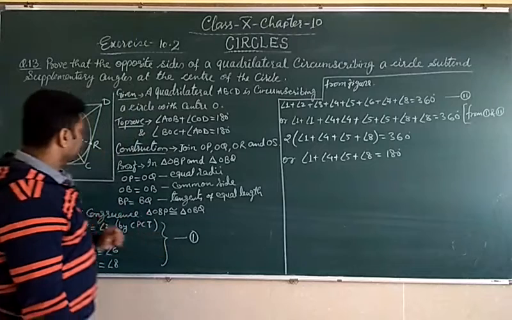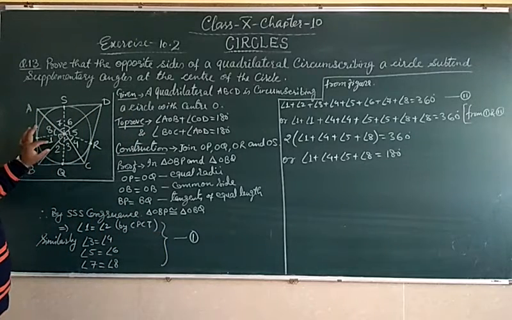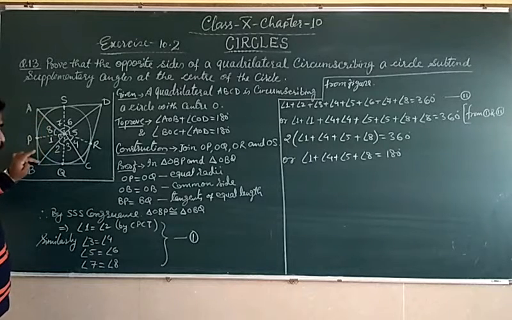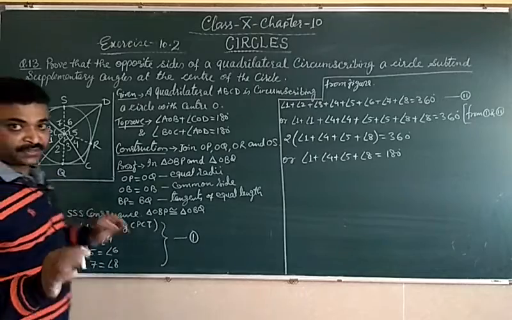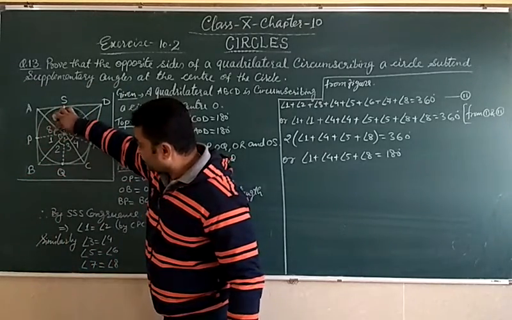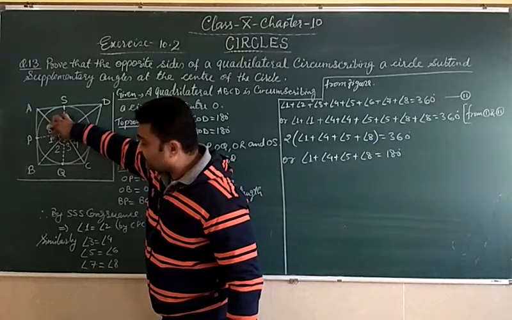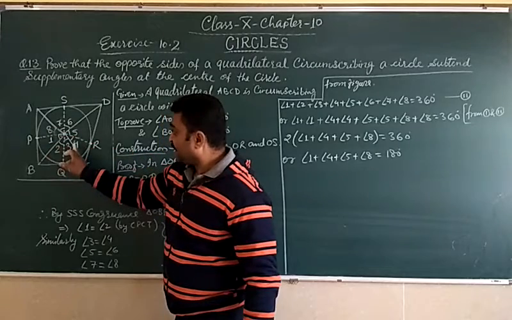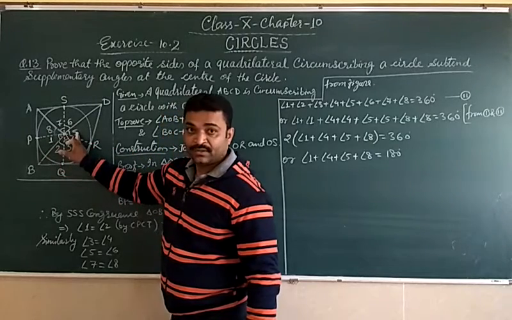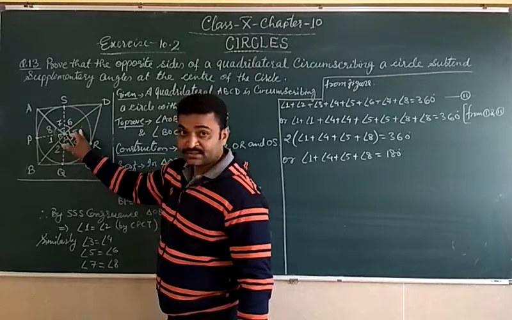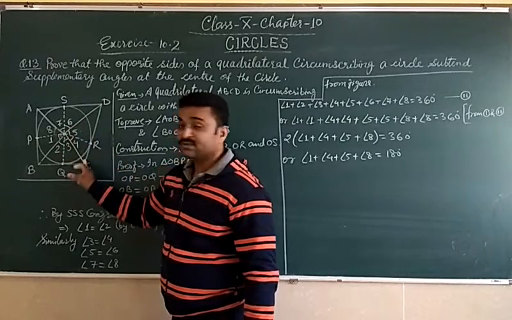See students, here angle 1 and angle 8, the sum of these two angles is equal to angle AOB, and angle 4 plus angle 5, the sum of these two angles is equal to angle DOC or COD.